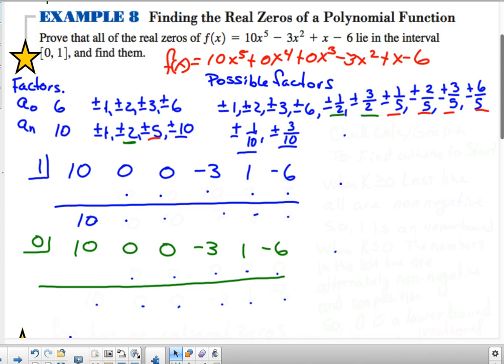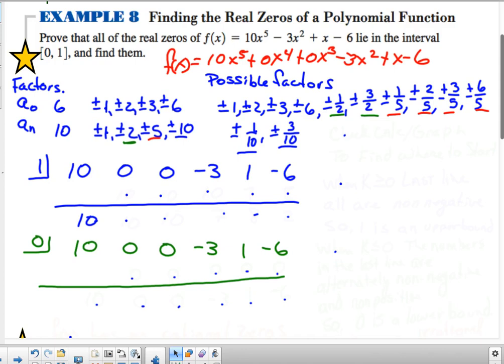Now remember, we're checking right now to see if 0 and 1 are my extremes. 0 being my lower bound, 1 being my upper bound. Okay? To make sure that I got all the possible factors between 0 and 1. I've got 1, I've got a half, plus or minus 1/5, plus or minus 2/5, plus or minus 3/5, plus or minus 1/10, plus or minus 3/10.